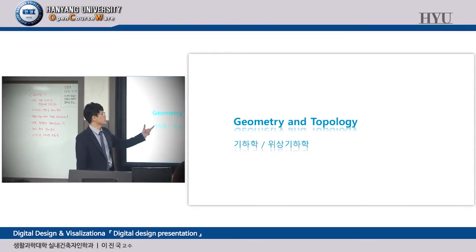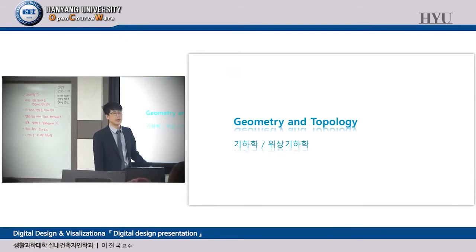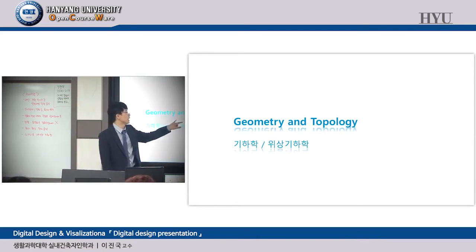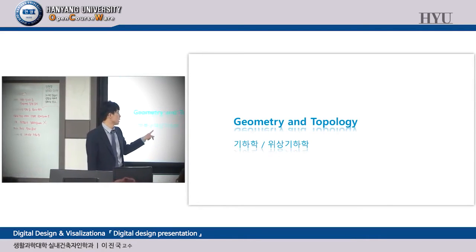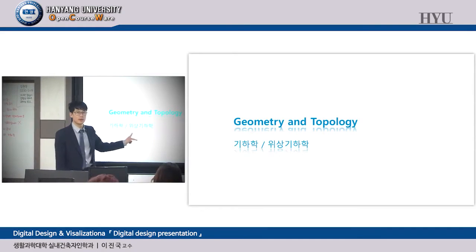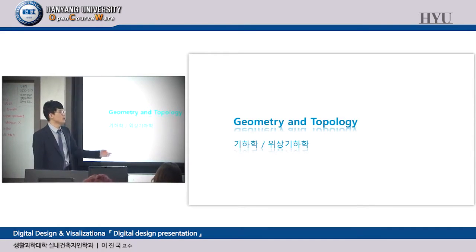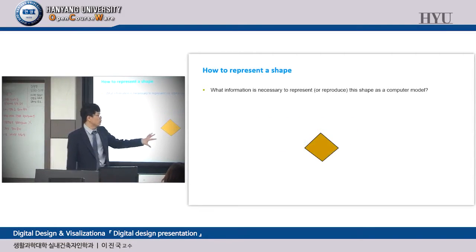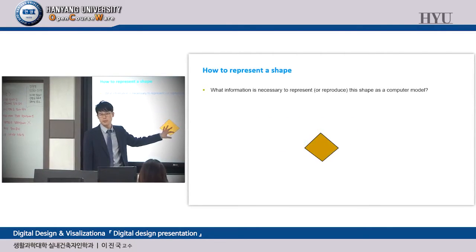We need to take a look at the comparison between geometry and topology quickly. Why? We need to know some fundamental basics in computer graphics, okay? So this is geometry and topology, 위상 in Korean, okay? Why do we need both of them? Take a look at this one. How to define this rectangle shape by computers?